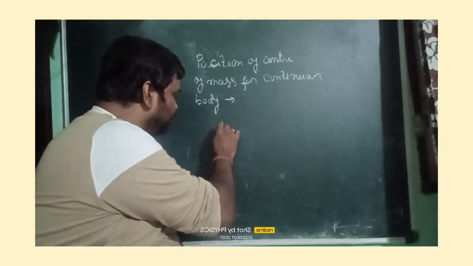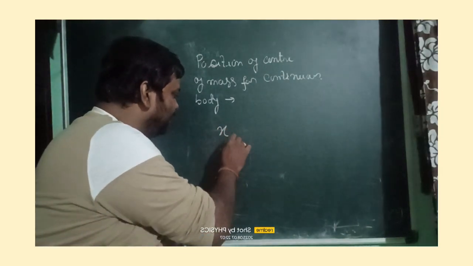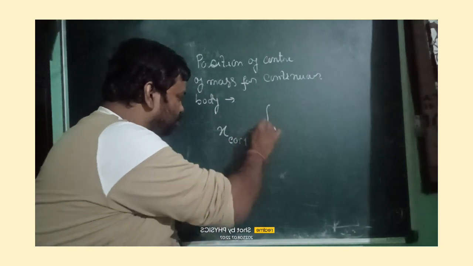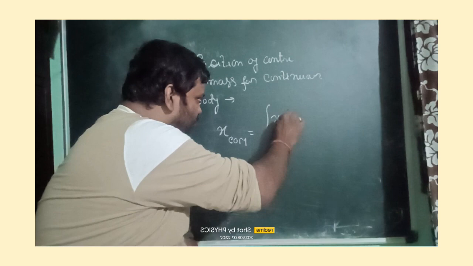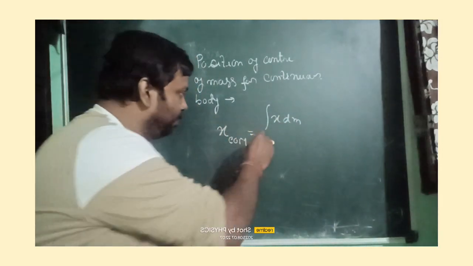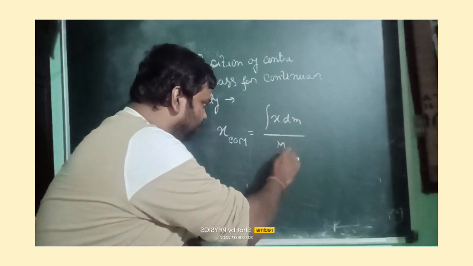The position of the center of mass along the x-axis, xcom, should be equal to the integration of x dm by M. dm is the small part mass and M is the total mass of the body.